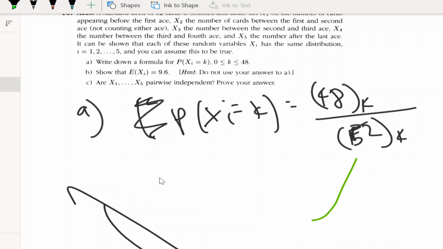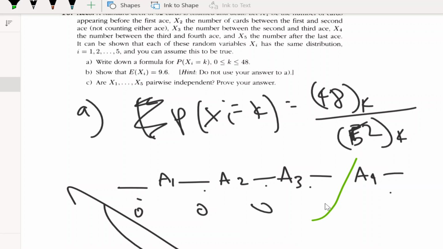Let's draw it out just to show. Even if we're talking about this spot, which is x1, this spot, x2, x3, x4, x5, it really doesn't matter. For all we know, this is 0, this is 0, this is 0, and we're talking about x5, in which case there are 48 non-ace cards remaining, and we can just do the probability like this.